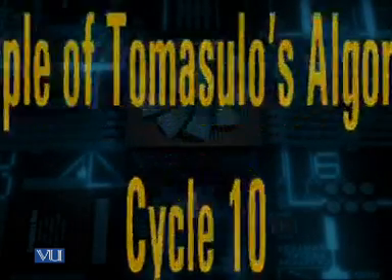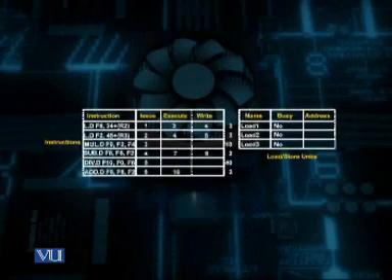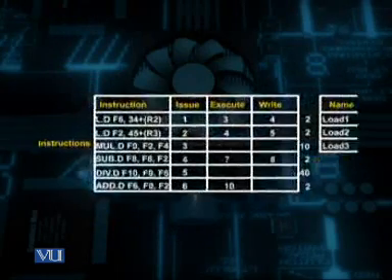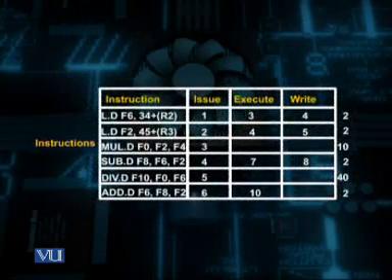Then in the 10th clock cycle, the subtract instruction is complete, whereas the add instruction has also completed in the 10th clock cycle, but it still has to write the result into the corresponding register.